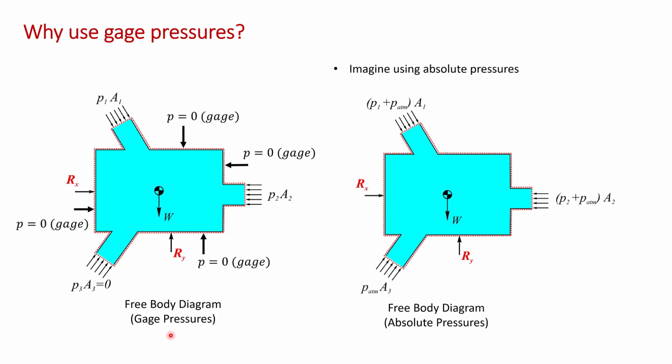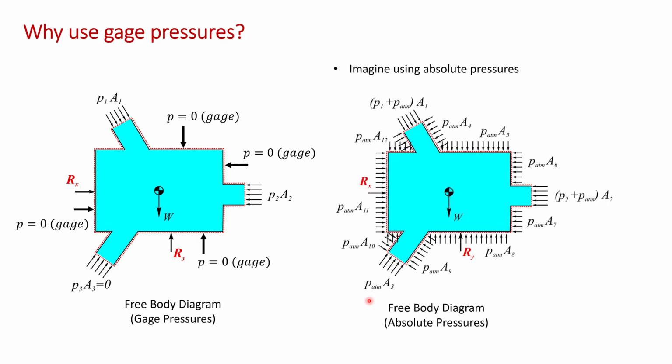Imagine using absolute pressures. So at the inlet here we have P1 plus the atmospheric pressure, which is the absolute pressure. Here we have P2 plus the atmospheric pressure, and at P3 we just have the atmospheric pressure. So far so good. But now we have to include the atmospheric pressure on the outside of the box, which looks something like this.